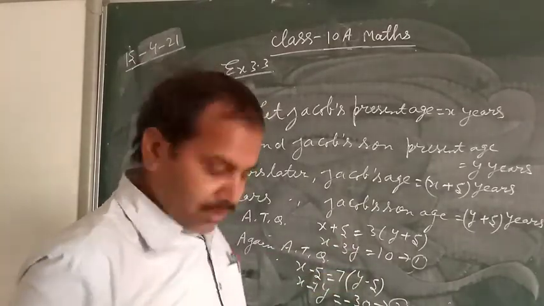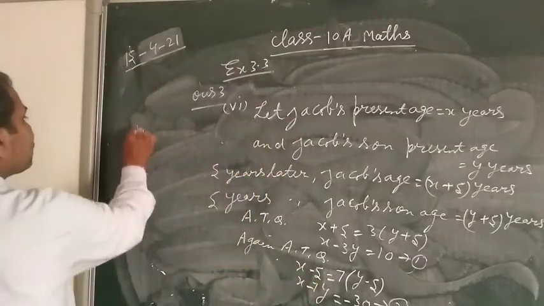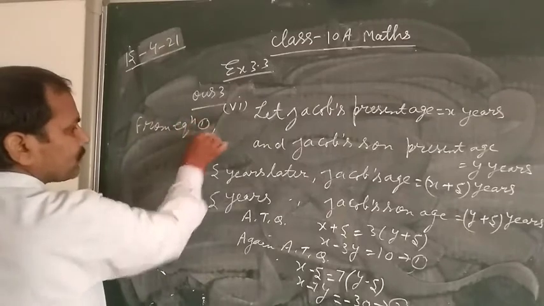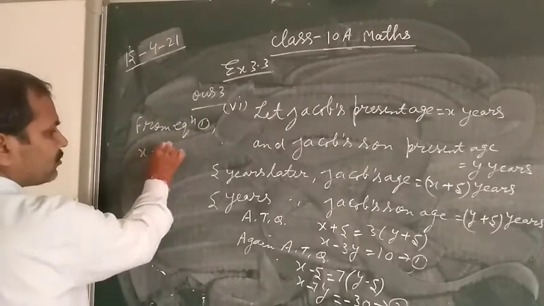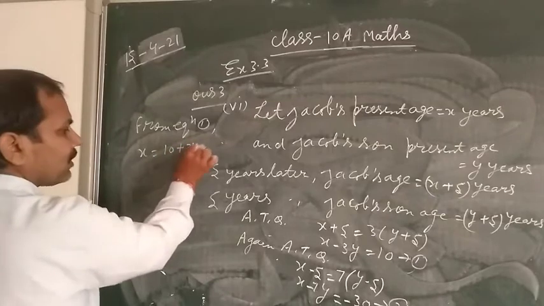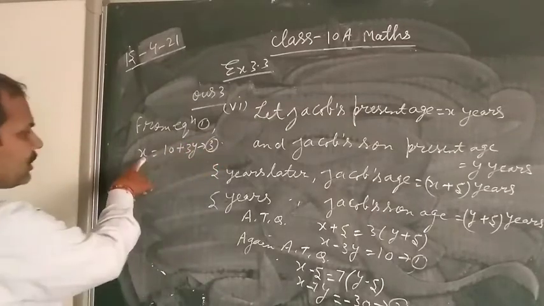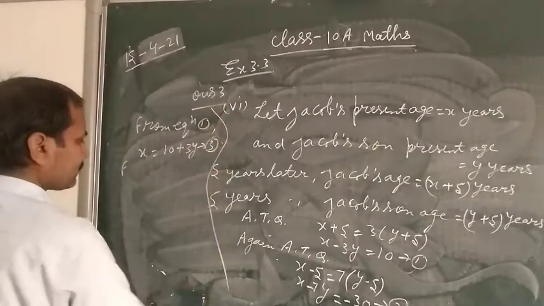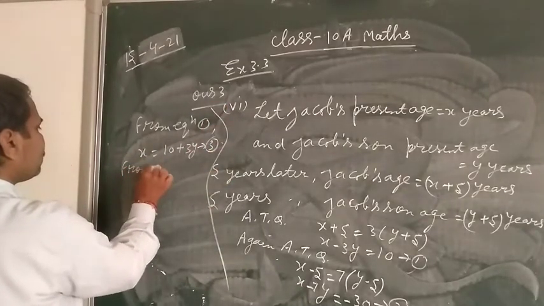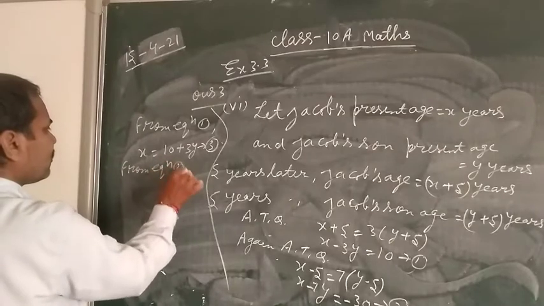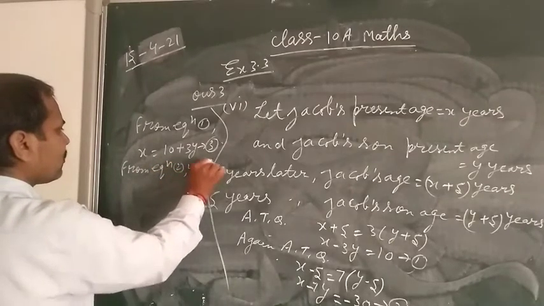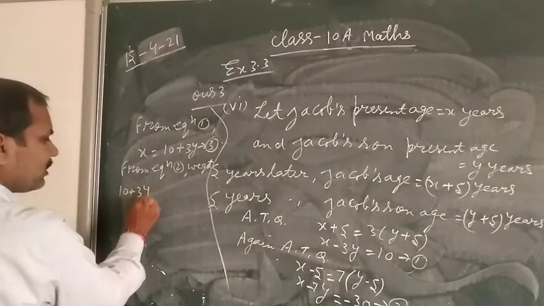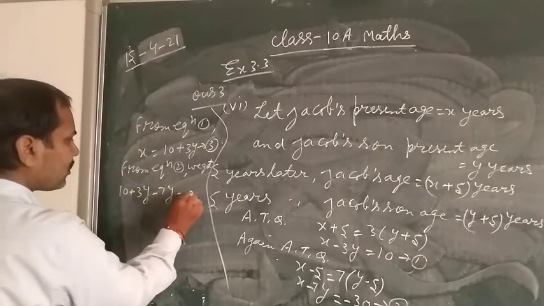Clear? So from equation first, x is equal to 10 plus 3y. This equation. Then putting the x value in equation 2. So from equation 2, x minus 7y is equal to minus 30.